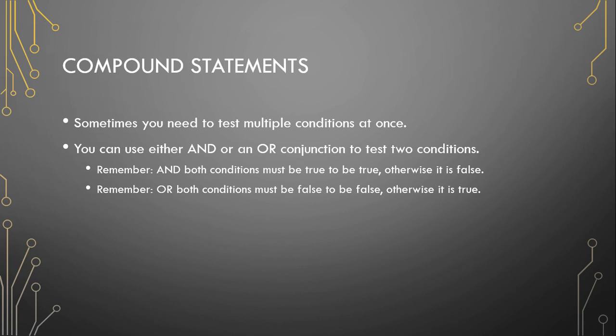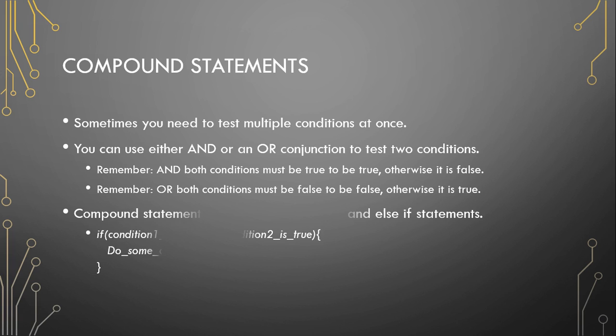If I'm testing, let's say, x is less than 3 and x is greater than 5, well, you can't have both be true in that scenario, so the answer is going to come out false every time. Also, remember that with an or statement, both conditions have to be false in order for it to be false. Otherwise, it's true, because with an or, if at least one of those is true, then you have a true.